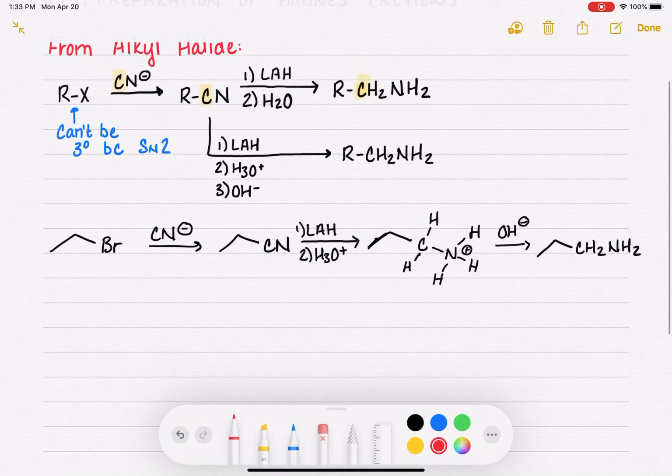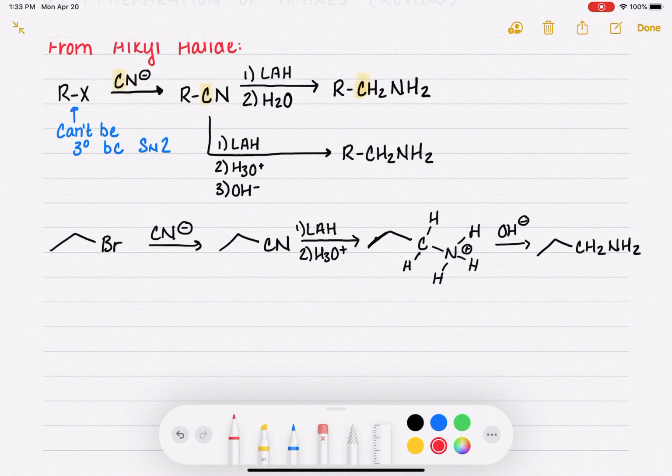So continuing with our review, we also learned this quarter synthesizing an amine from a carboxylic acid. So this is going to be a very similar reaction.